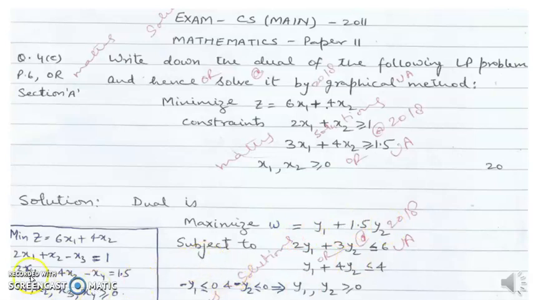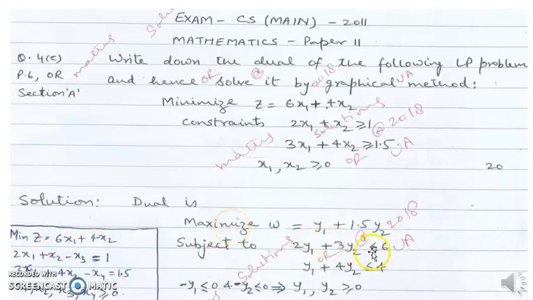For the constraints, we look at the columns of the constraints of the primal. Coefficients of x1 are 2 and 3, so the first constraint of the dual is 2y1 + 3y2 ≤ 6. Here 6 is the coefficient of x1 in the primal objective function, and the sign is less than or equal to because the dual is a maximization problem.